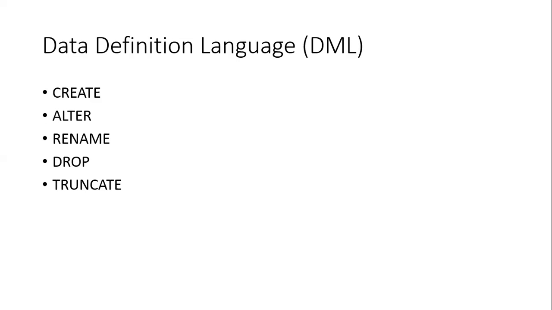For instance, you want to add columns to a table, change the name of the table, or change some data types. Let's say you want to change the structure of a table, you can use the alter statement to do that. So use it to change the structure of an object.